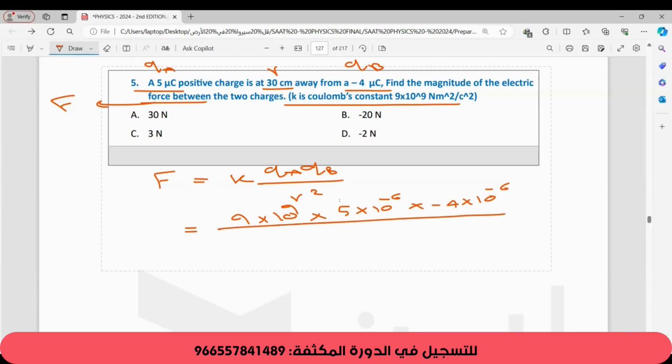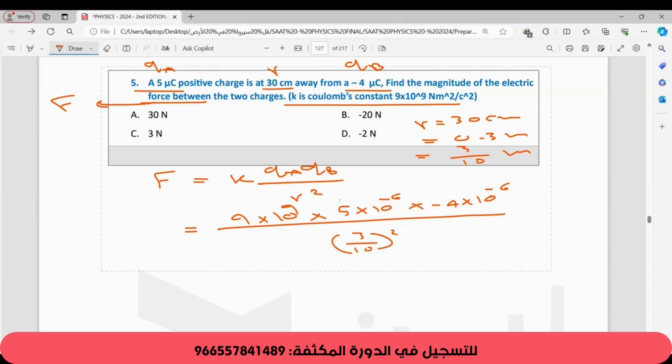And here we have 30 something, so R is 30 centimeters. In meters, it will be 0.3 meter. If we convert it, it is 3 over 10 meter. So we'll put it here, 3 over 10, and this will be squared.